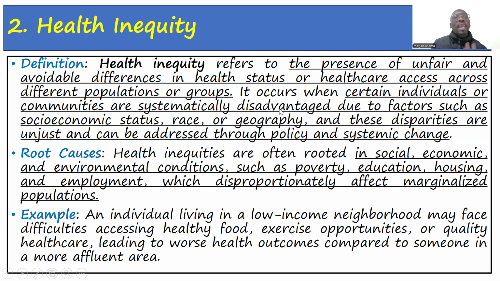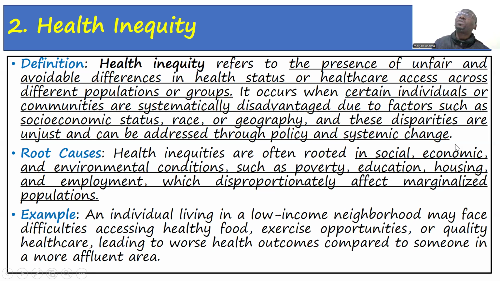Health inequity occurs when certain individuals or communities are systematically disadvantaged. Why? Due to factors such as socioeconomic status, race, or geography. And these disparities are unjust and can be addressed through policy and systemic change.